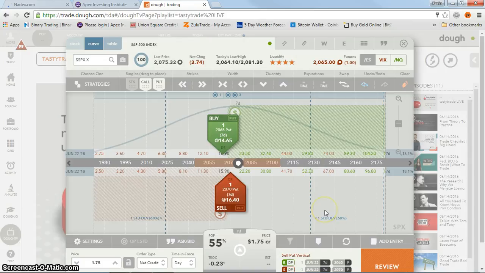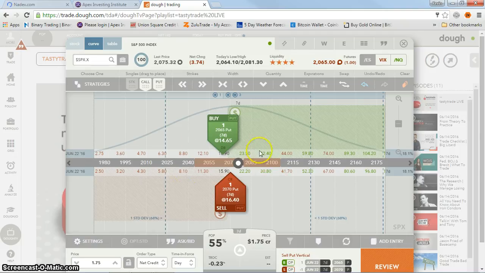This will work. Okay, so essentially what you have is you're selling a put and you're buying a put, and you're calling this a vertical spread, and brokers like for you to have this because it reduces the amount of margin you have to use and your vulnerability to the market.